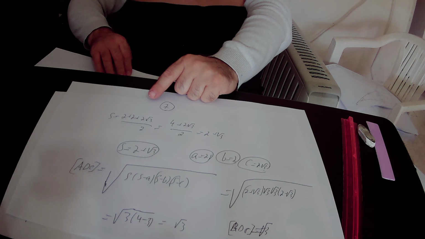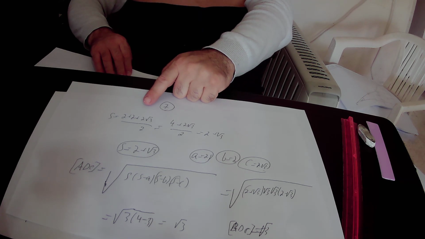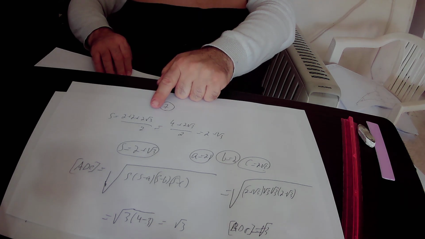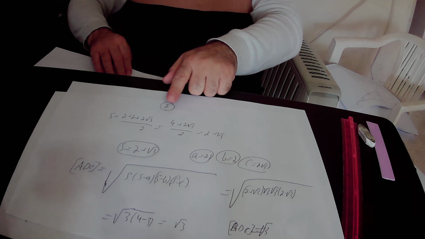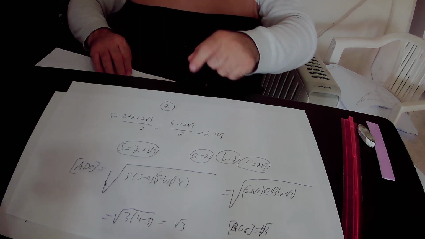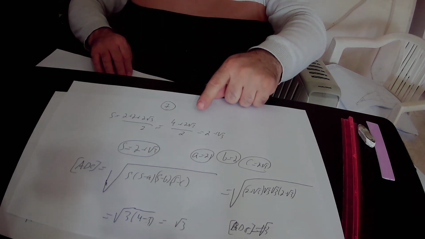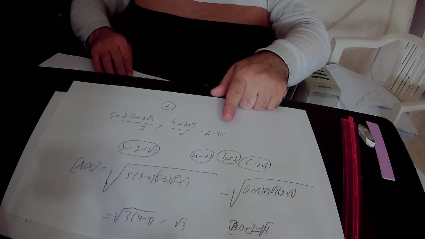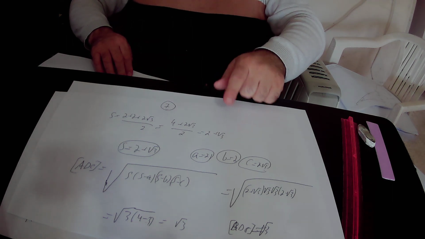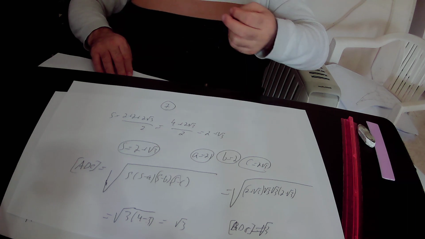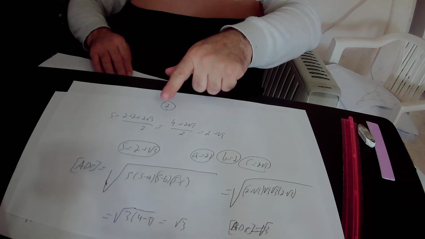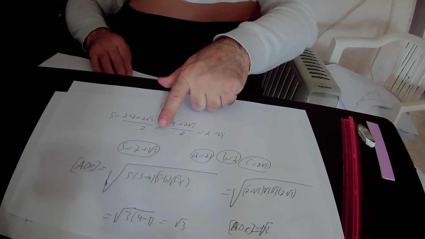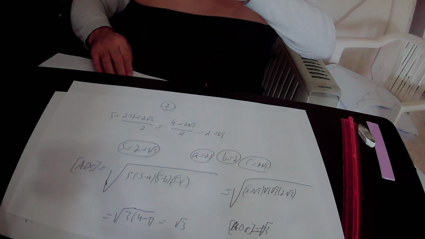The sides are a equals 2, b equals 2, and c equals 2 times square root of 3. So 2 plus 2 is 4, plus 2 times square root of 3, over 2. 4 over 2 is 2, and 2 times square root of 3 over 2 is square root of 3. So the semi-perimeter of triangle BCD equals 2 plus square root of 3 units.